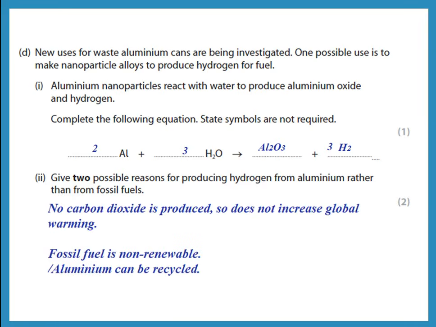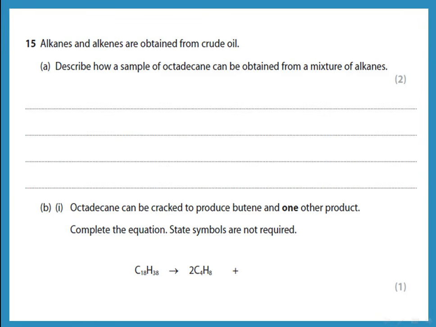If we're producing it in this way, no carbon dioxide is produced, so we do not affect global warming or the greenhouse effect, and the fact that fossil fuel is non-renewable while aluminium can be recycled. So these would be reasons for using this equation.